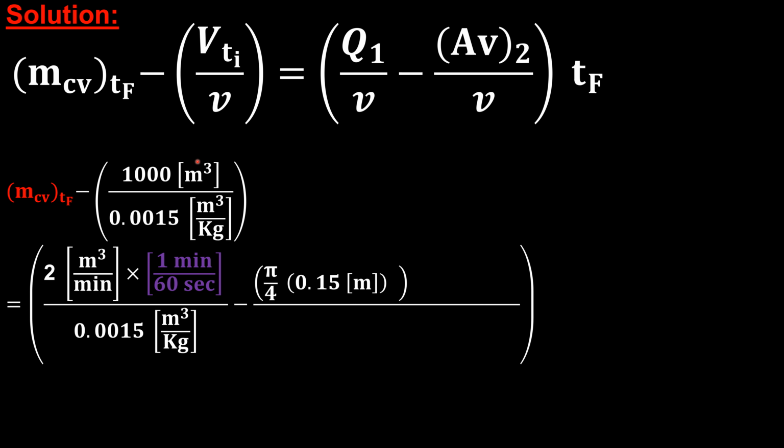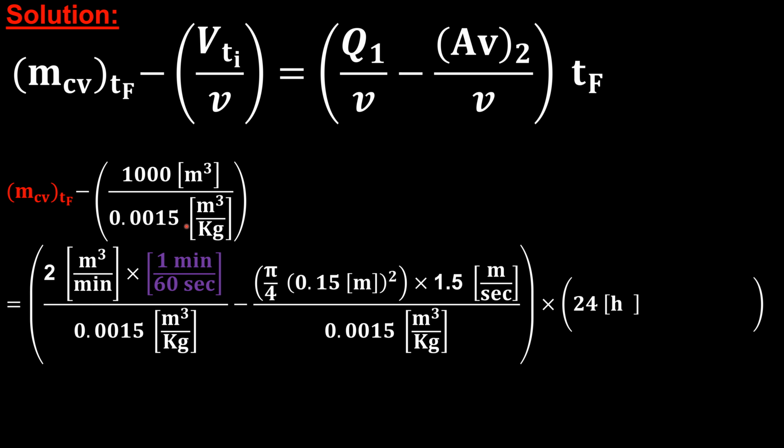The initial volume is 1000, the specific volume is 0.0015, and Q1 is 2, and here we use the conversion factor: 1 minute is equivalent to 60 seconds. For the area, we have the diameter, which is 0.15, and the area of a circular cross section is pi over 4 d squared. And here the 24 hours, we convert into seconds. Plug this into your calculator and we will get the following values.